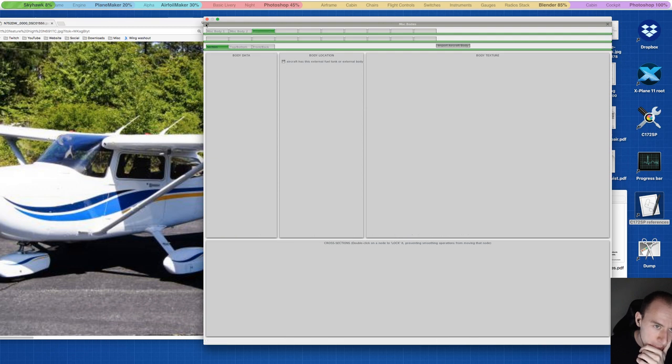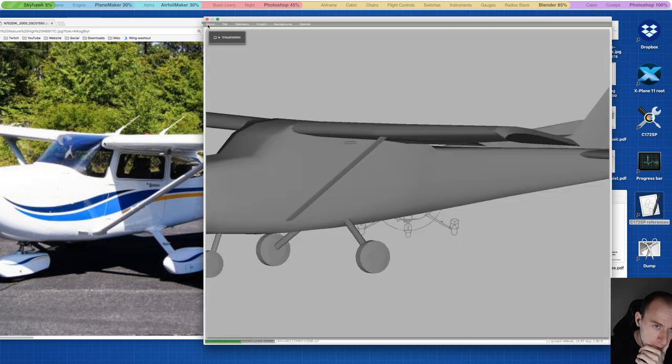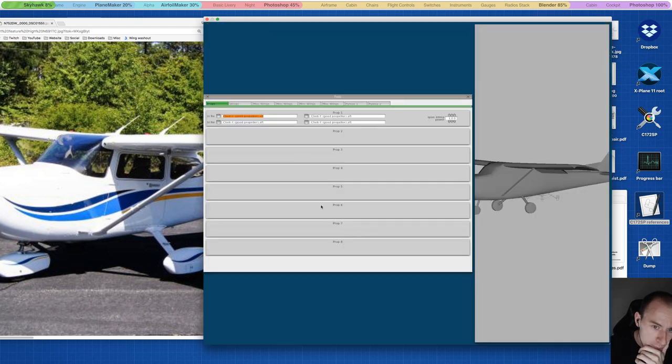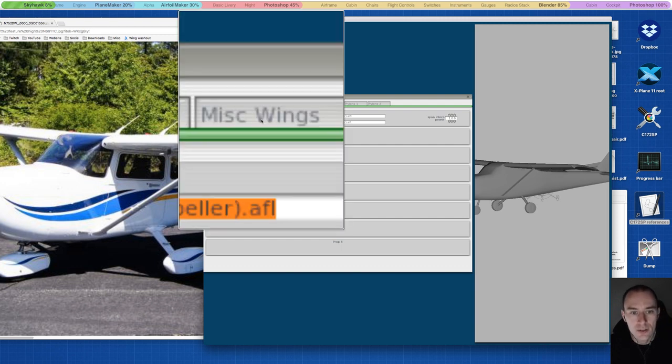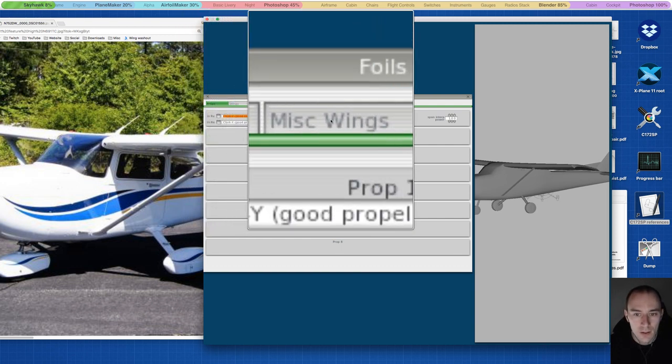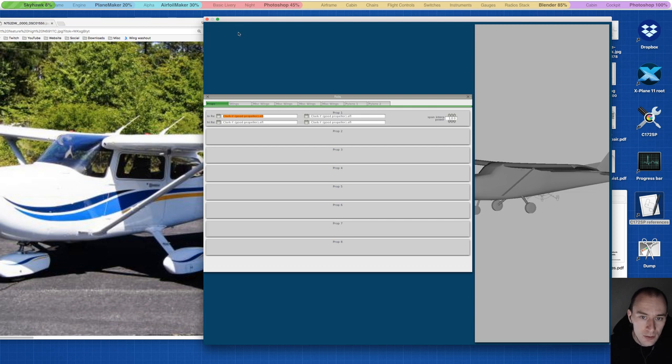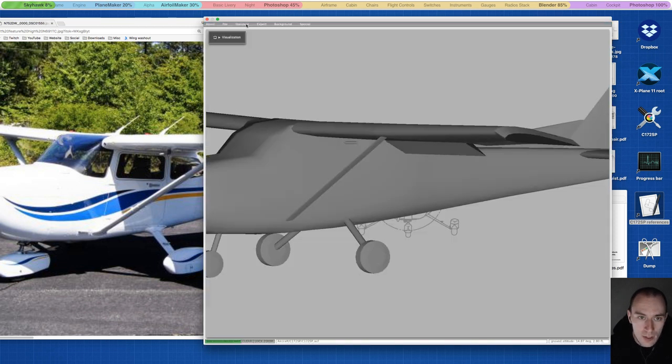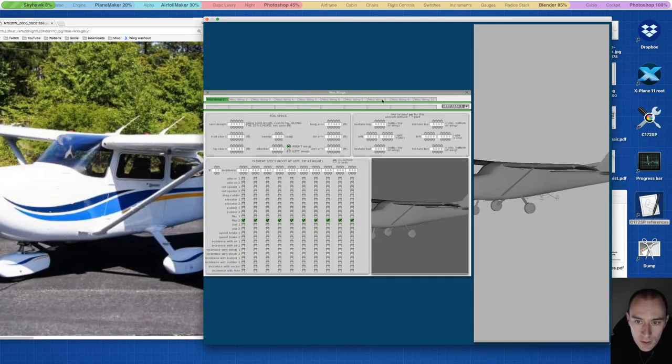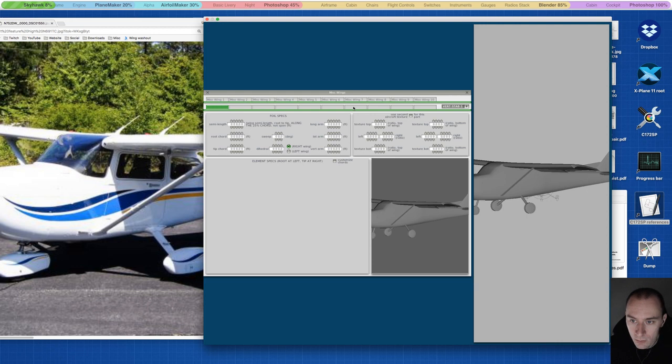It should be a wing. We can check export airfoils. No, only with miscellaneous wings, as you can see. Which makes sense. So we still have a slot that we can use for this. So standard miscellaneous wings. Yeah, we still got 10, which is wonderful.